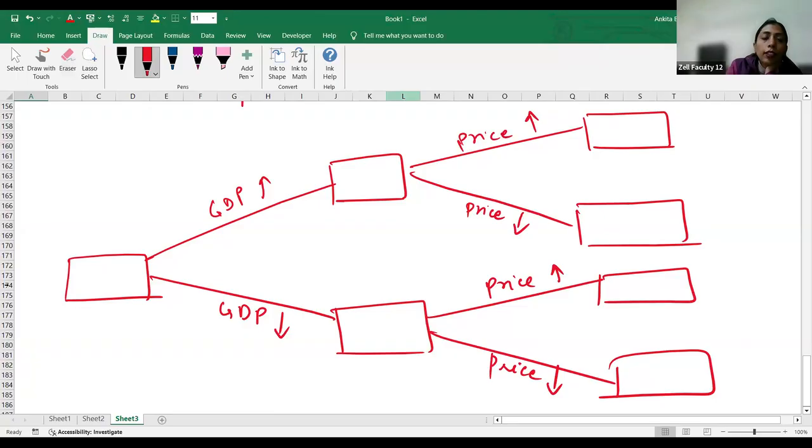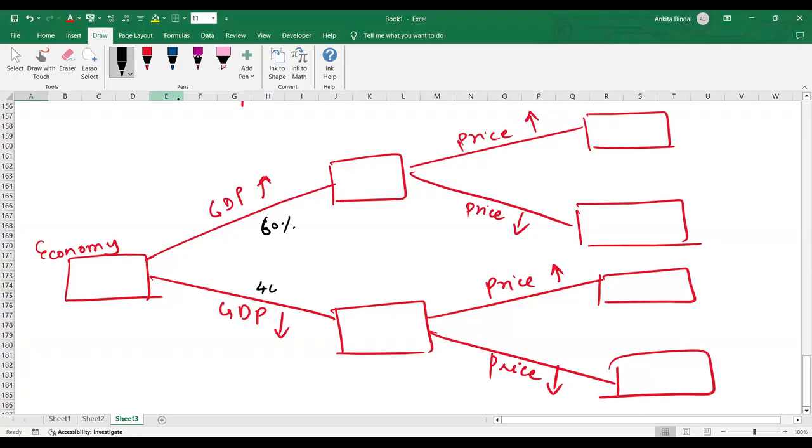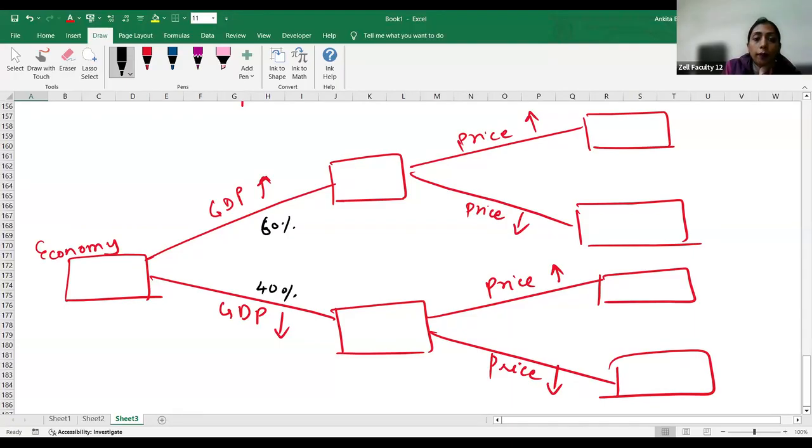Here I have a condition of my economy where GDP could go up or GDP could go down. The probability that the GDP could go up is, let's say, 60%. Tell me, what is the probability that GDP will go down? 40%.